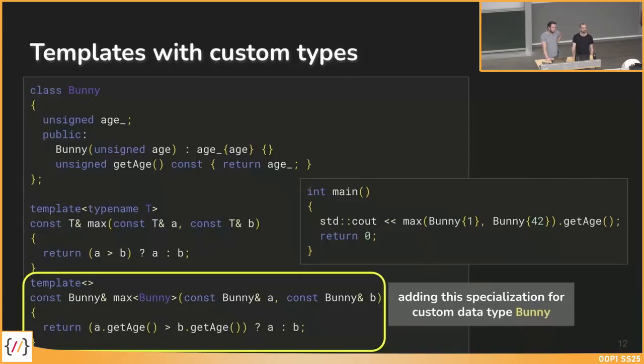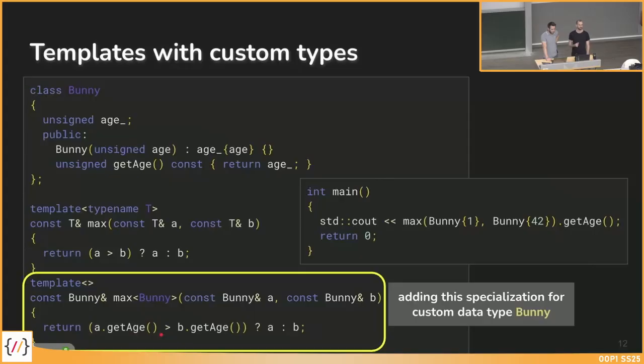So can you not make a template for all data types and then a separate overload without specifying it as a template? Yeah, but at some point you need to have a comparison here. And yeah, of course, if all of them have this get age, then it would work.